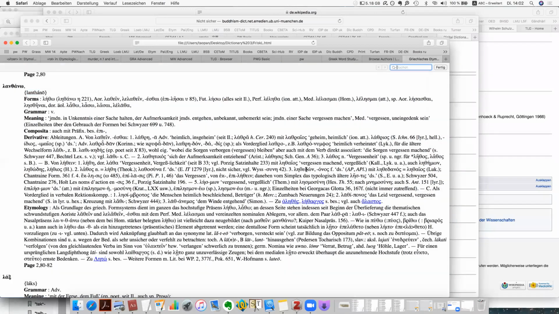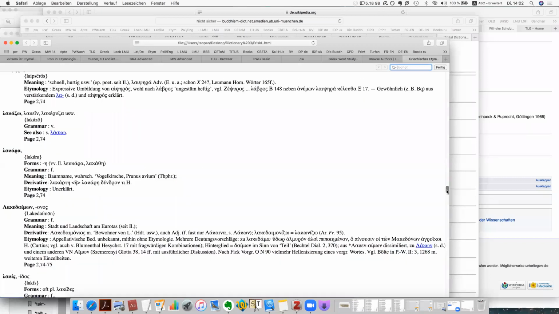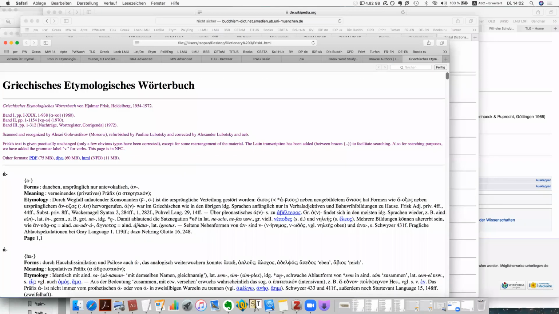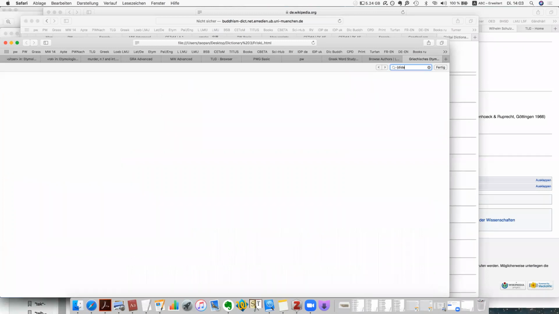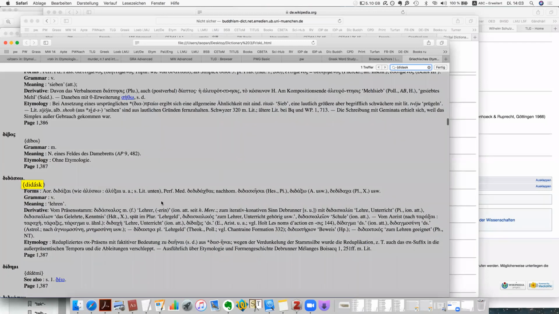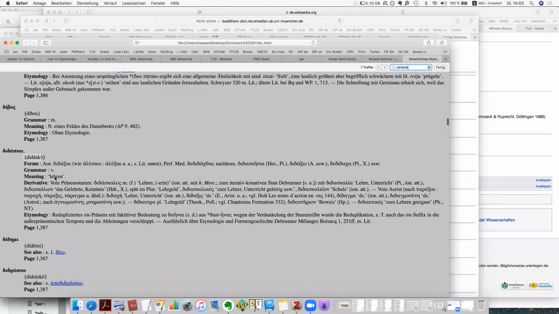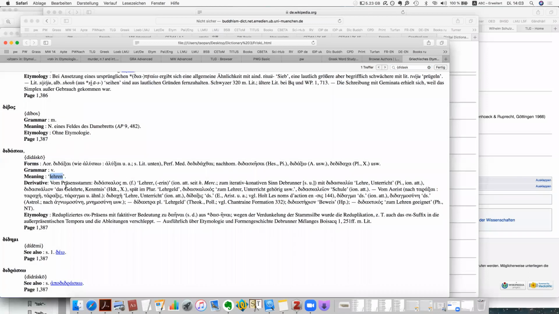I assume that you know this dictionary, the Griechisches etymologisches Wörterbuch, right? So we search the form didaske. You find it. It means lehren, teach. And then it says reduplicated esque present with factative meaning to daenai. And this daenai comes from das.